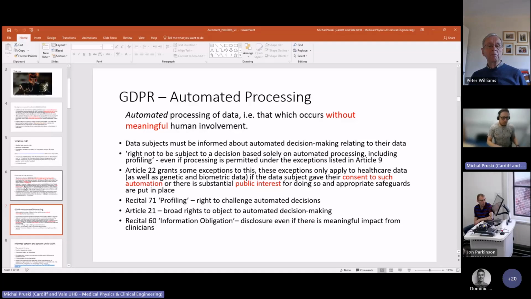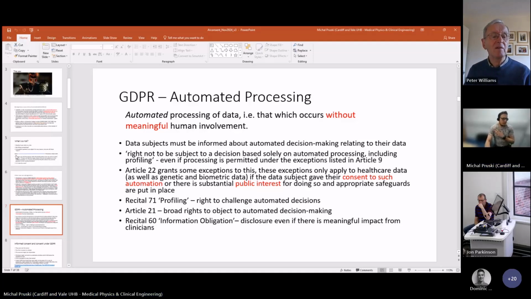But anyway, Article 21 provides broad rights to object to automated decision making. And there's Recital 71 relating to profiling that also talks about the right to challenge automated decisions. But the status of recitals is somewhat unclear, and how much weight they have.